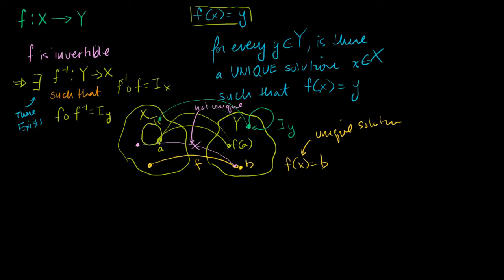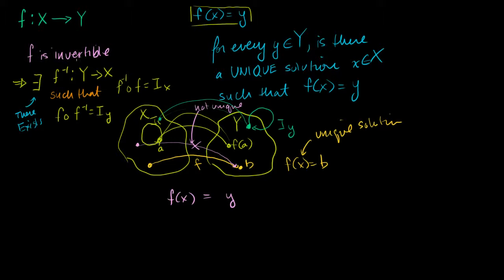Now, we're concerned with this equation up here, f of x is equal to y, and we want to know, for any lowercase y in our big set y, is there a unique x solution to this? We know that f is invertible. I told you that from the get-go.